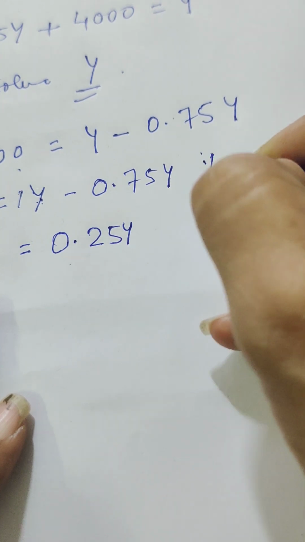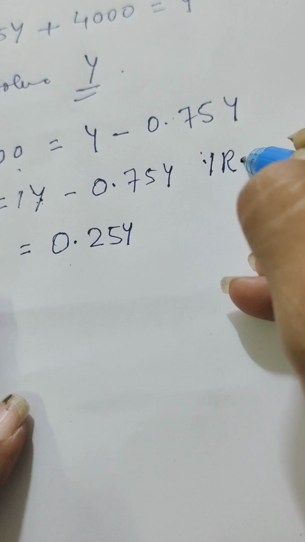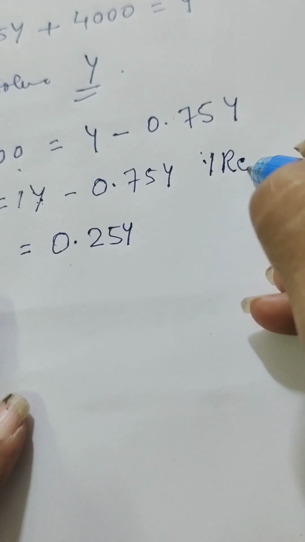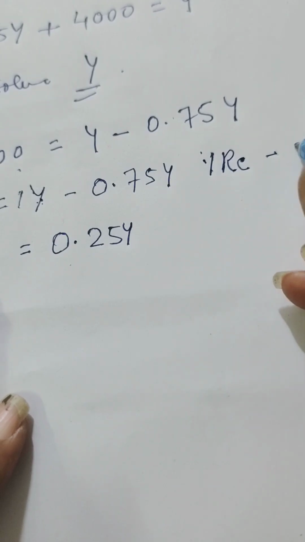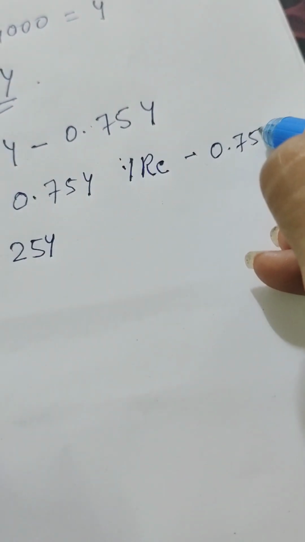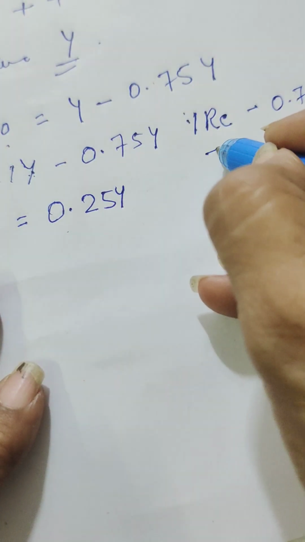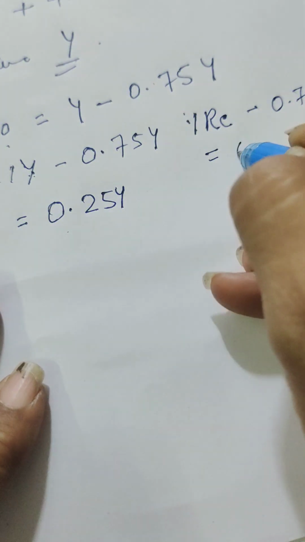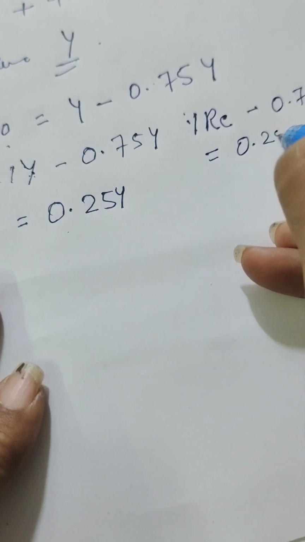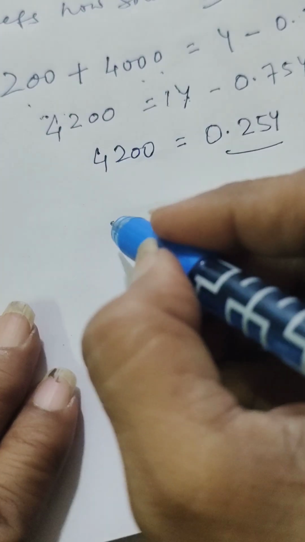Is that clear? Just to make it a little more clear, let's assume y to be 1 rupee, minus 0.75 rupee. So what will it be? It is equal to 0.25 rupee. In the same manner, this is how you get it.